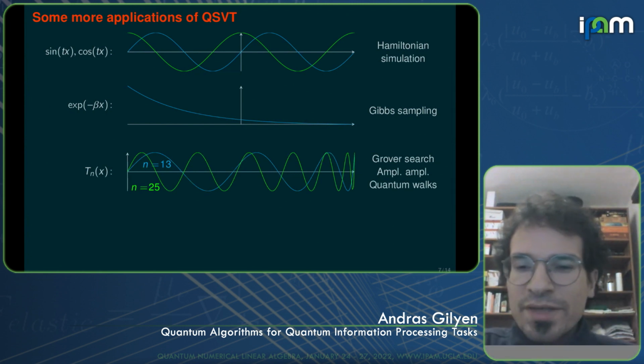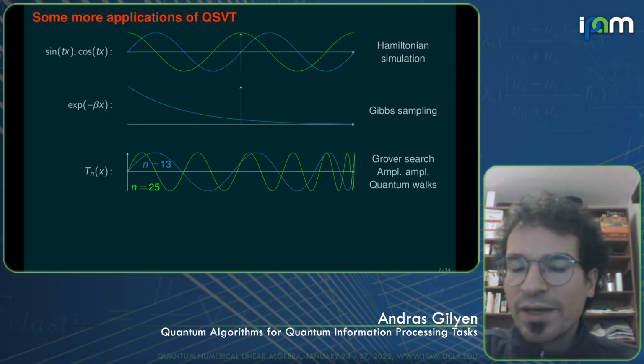And also, it turns out that Grover search, amplitude amplification, and quantum walks are all special cases of this singular value transformation. And there, the functions that appear are just Chebyshev polynomials. For an n-step Grover search or quantum walk, the nth Chebyshev polynomial of the first kind is what appears. And all the analysis can be done just by this understanding.